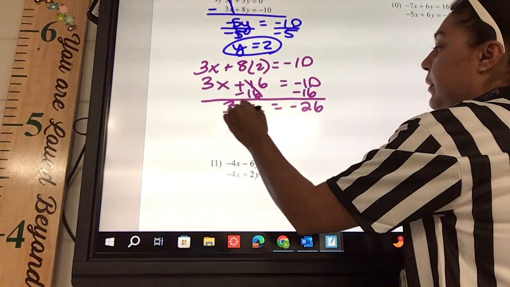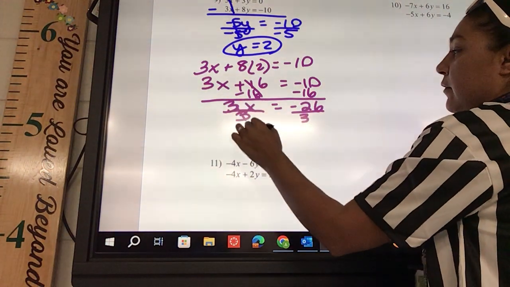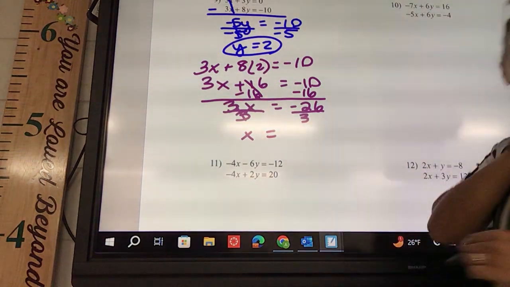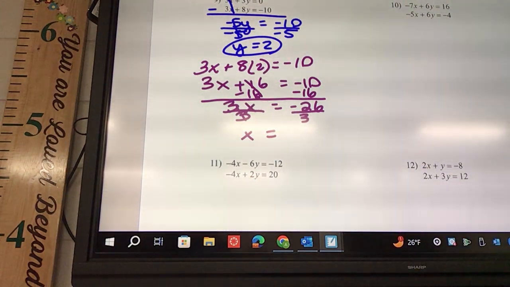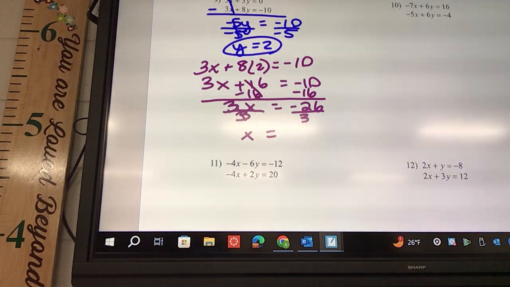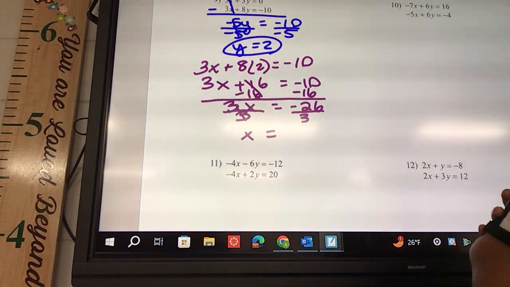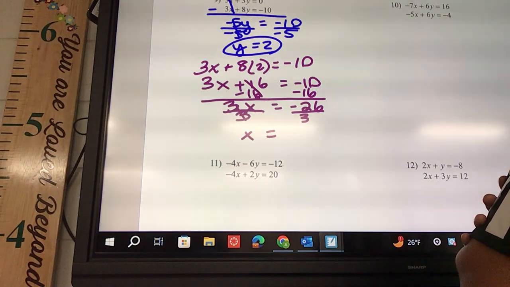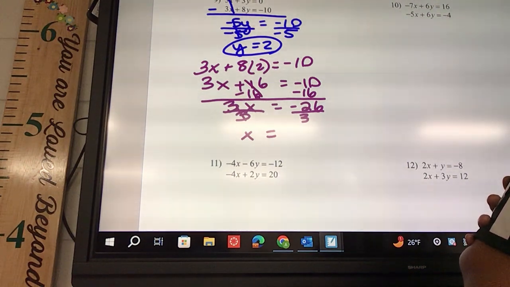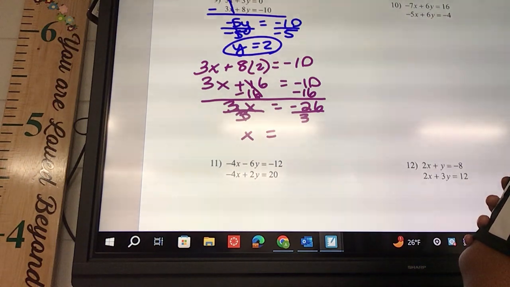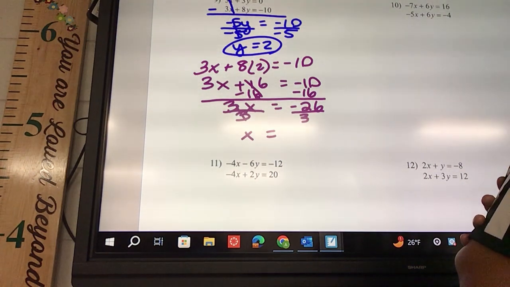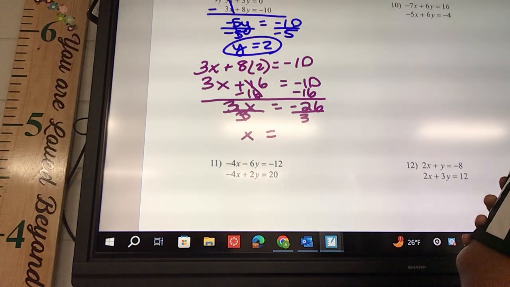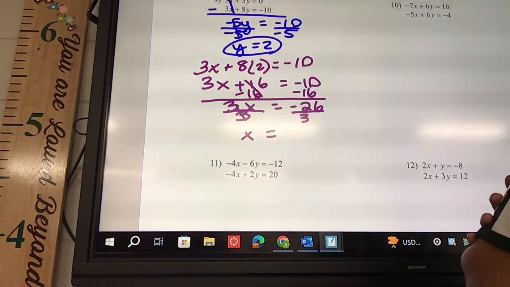And then divide by 3, and I don't know what that is. What is -26 divided by 3? 3 minus 8 is 5. -10. It's gonna be 2. 8 times 2 is 16, -10.